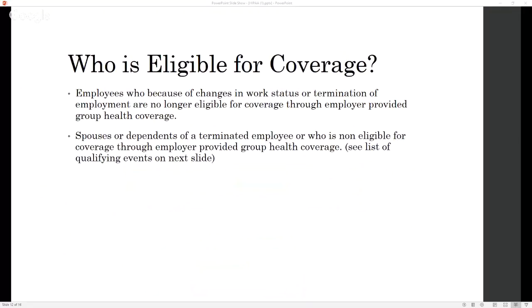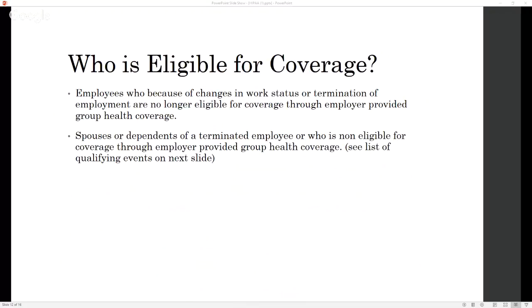So who's eligible for coverage? Employees who, because of work status or termination of employment, are no longer eligible for coverage through employer-provided group health insurance. Now, this does apply except as far as termination, if you're terminated for misconduct, then from what I understand, COBRA does not apply.